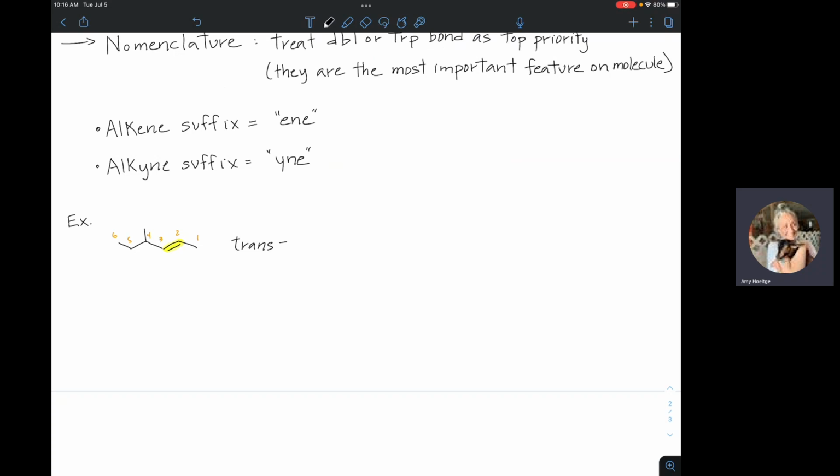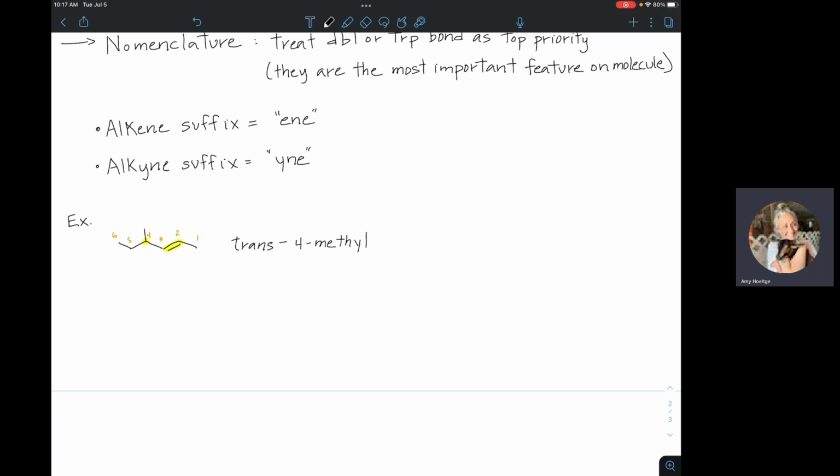On this molecule, I see that I have a double bond between carbons 2 and 3. And I see there's a methyl group over here on carbon 4. So I'm going to write 4-methyl. It's the only substituent on this molecule.